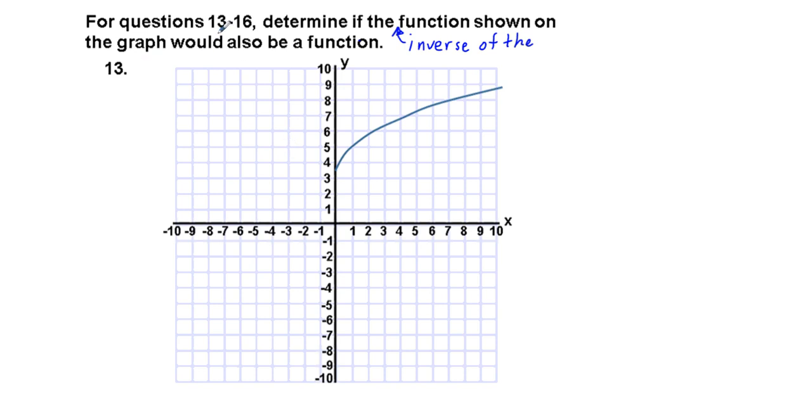For questions 13 through 16, determine if the inverse of the function shown on the graph would also be a function. Basically, what we're looking at here is something I abbreviate HLT, which stands for horizontal line test.